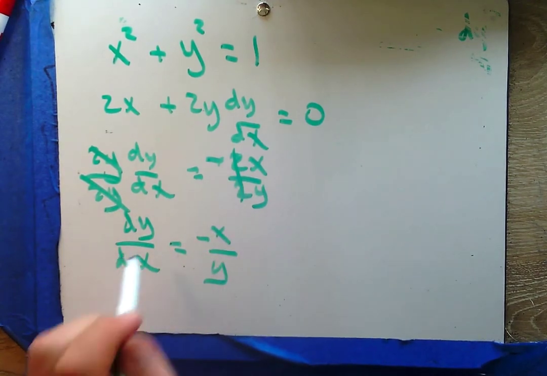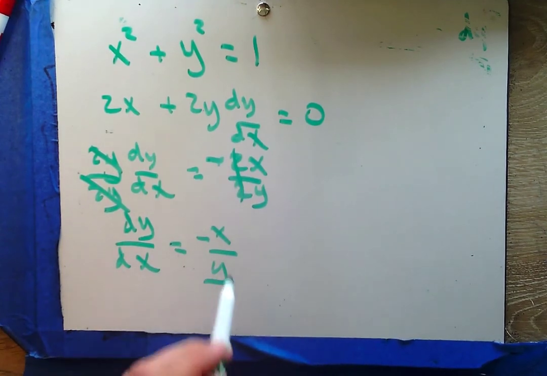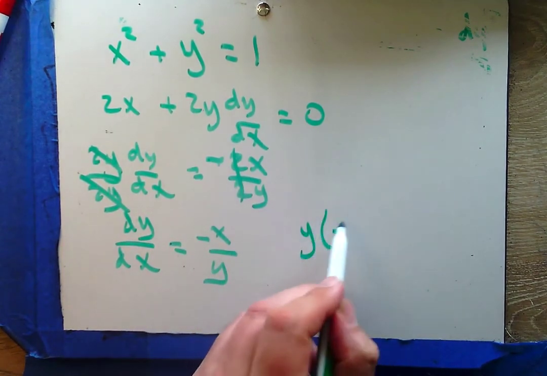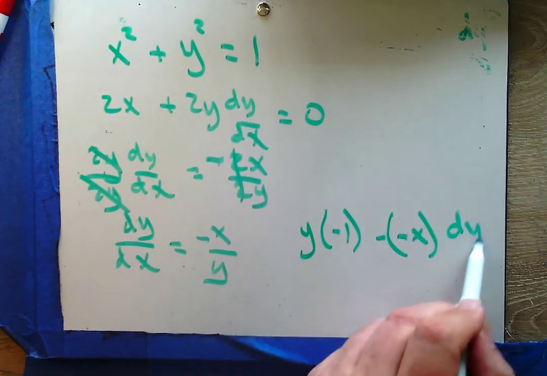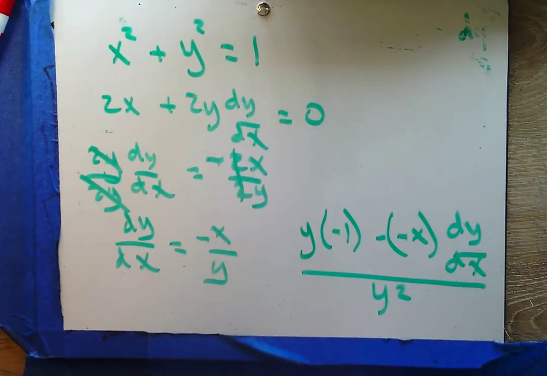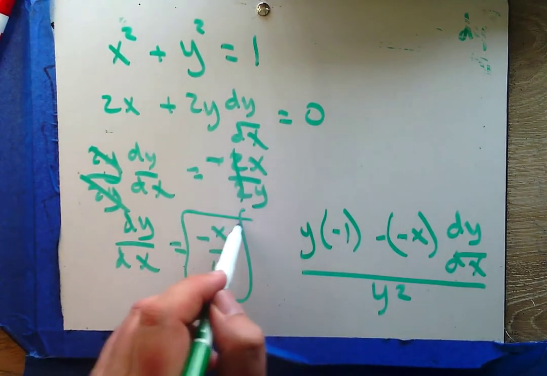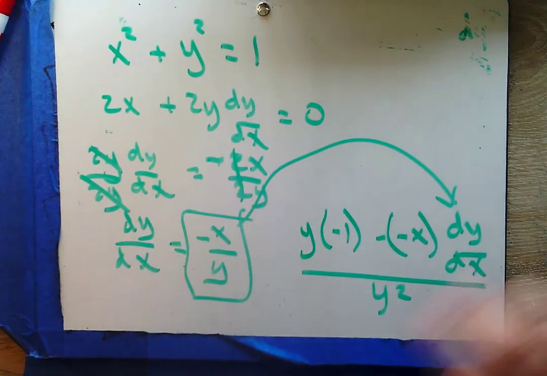Now, I want to find the second derivative. So what's the second derivative of this? I have to use the quotient rule. Low d high minus high d low, all over low squared. Remember, this is our dy/dx, so it needs to go in there. So what would we be left with?